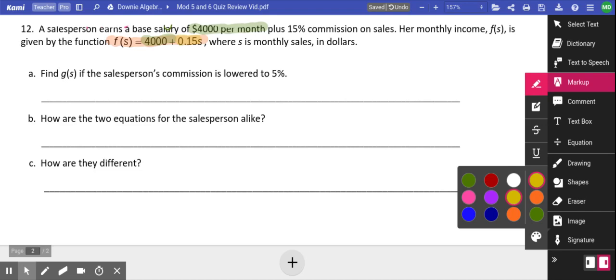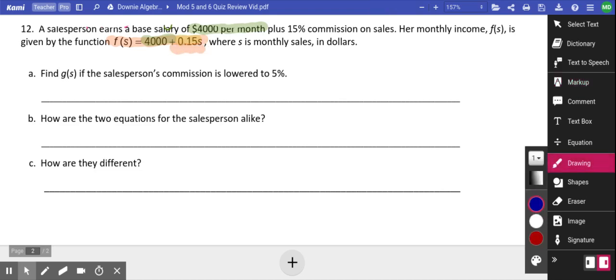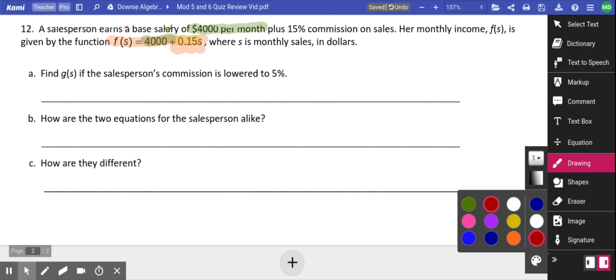Letter A asks, find g of s if the salesperson's commission lowered to 5%. So instead of making 15% commission, she is now making 5% commission. Now, what's 5% as a decimal?